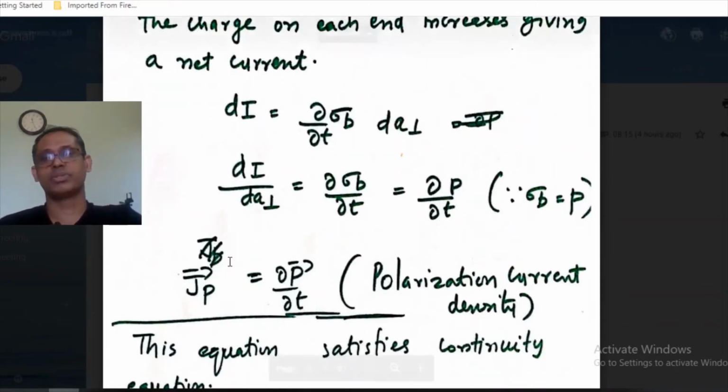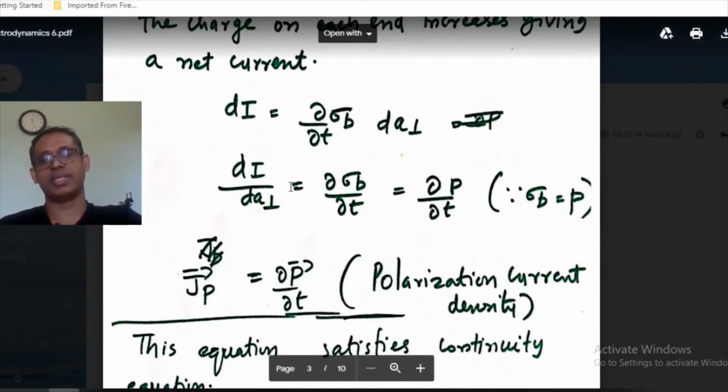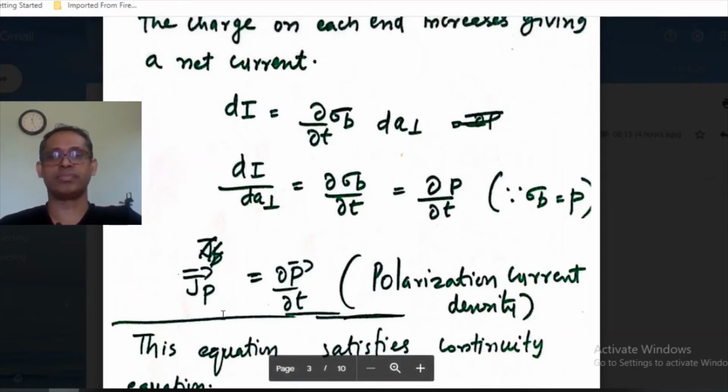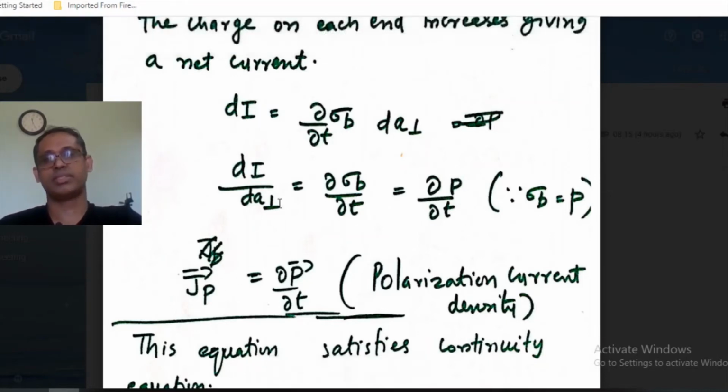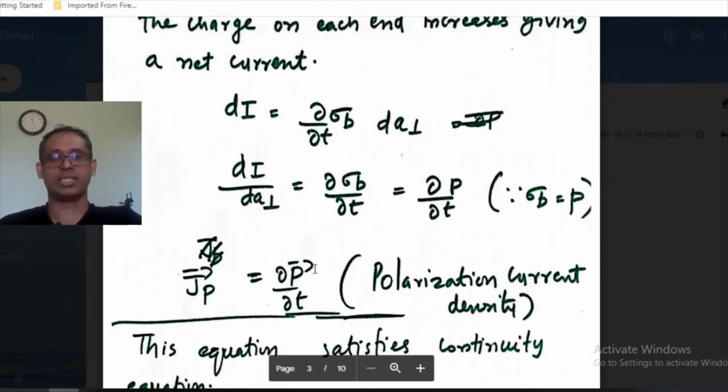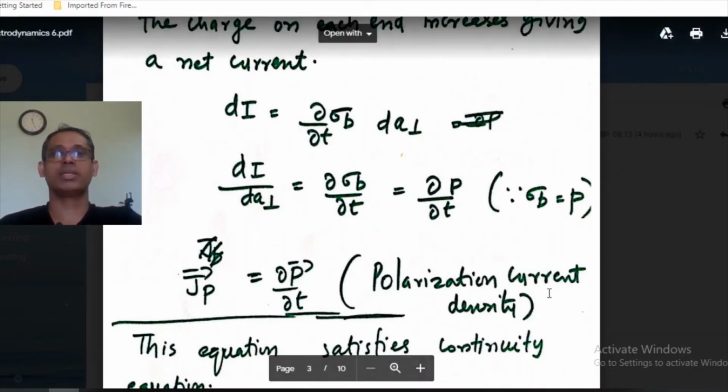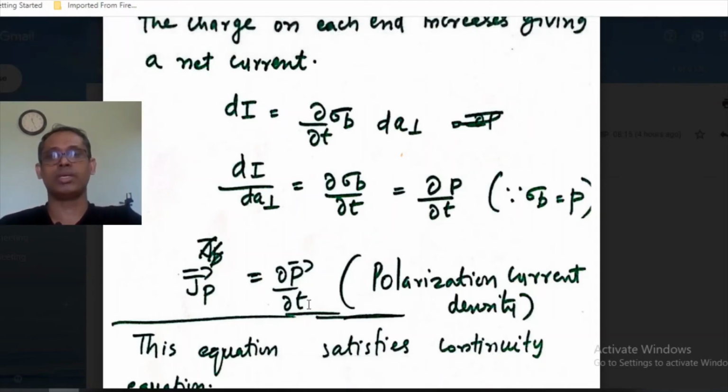So this di by dA perpendicular is the current by area, so we call it current density, which is the polarization current density, equal to dou P by dou t.